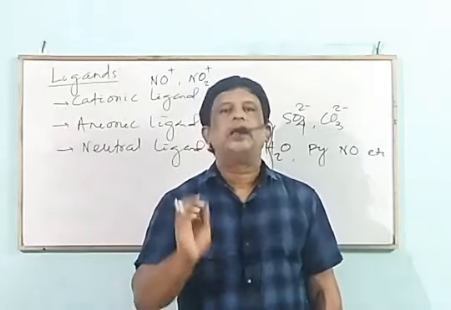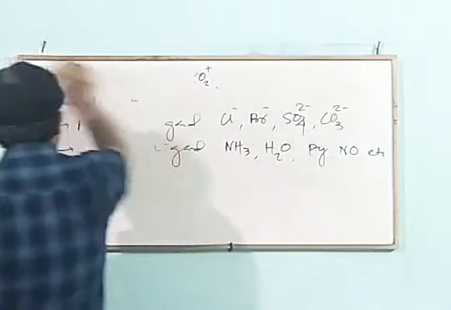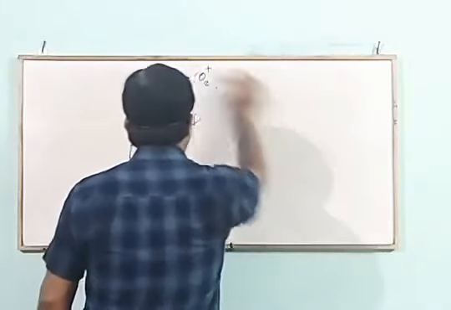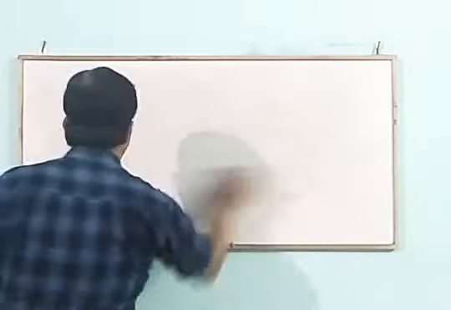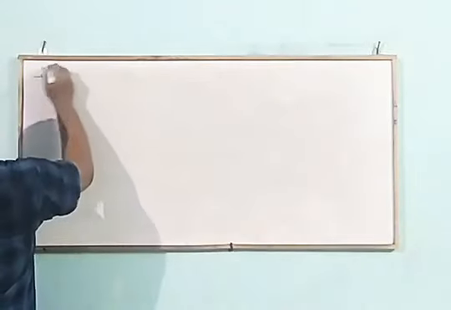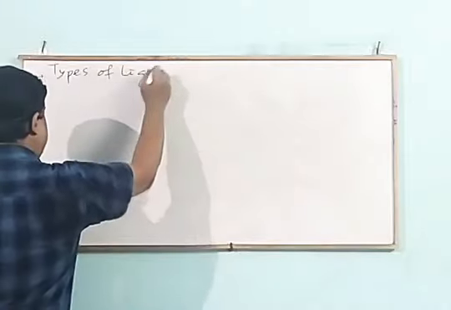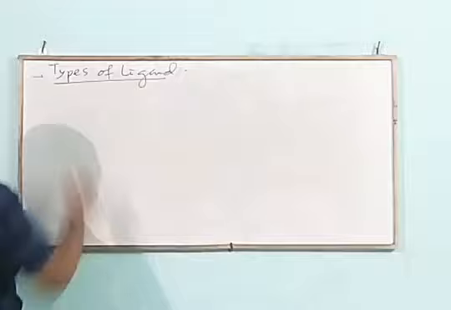So many are there. Let us discuss one by one. Let us discuss the types of ligand. First one is types of ligands depending upon the number of donor atoms.